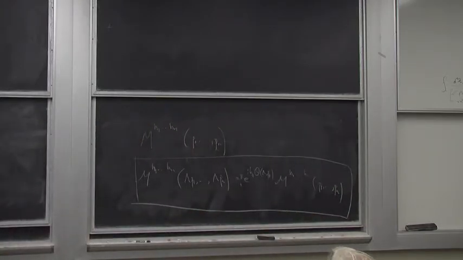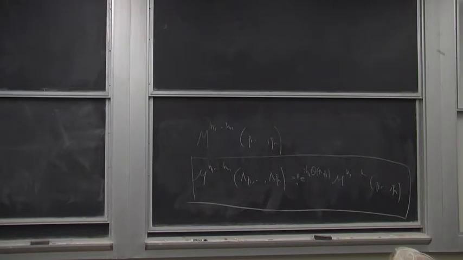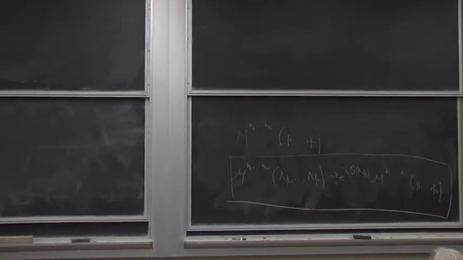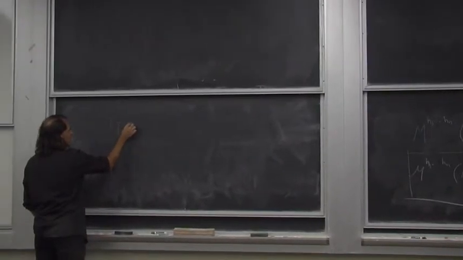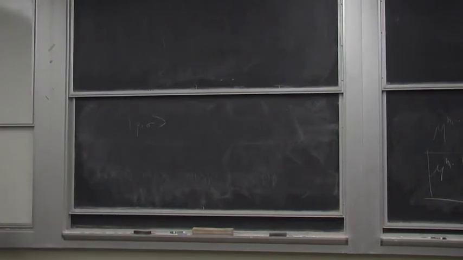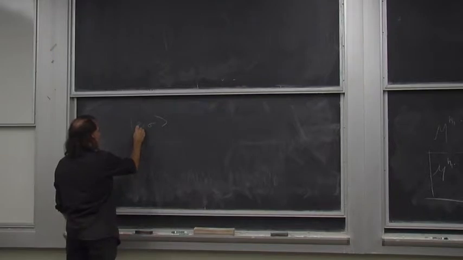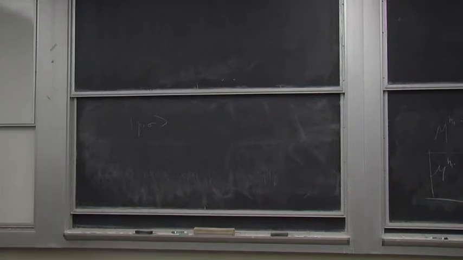And if you remember the whole story of the little group, it has everything to do with the fact that we want to label particle states. I'm copying the notation that, for example, Weinberg uses. If we have some particle state, we label it by momentum and any other indices that it might carry.